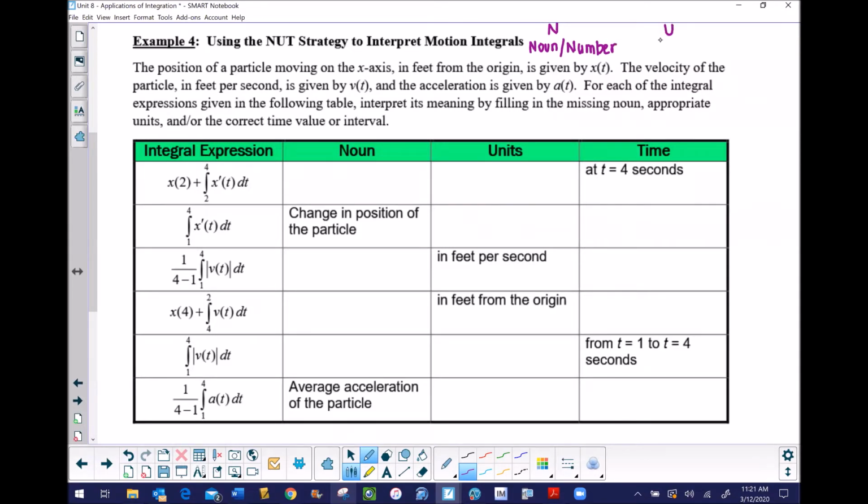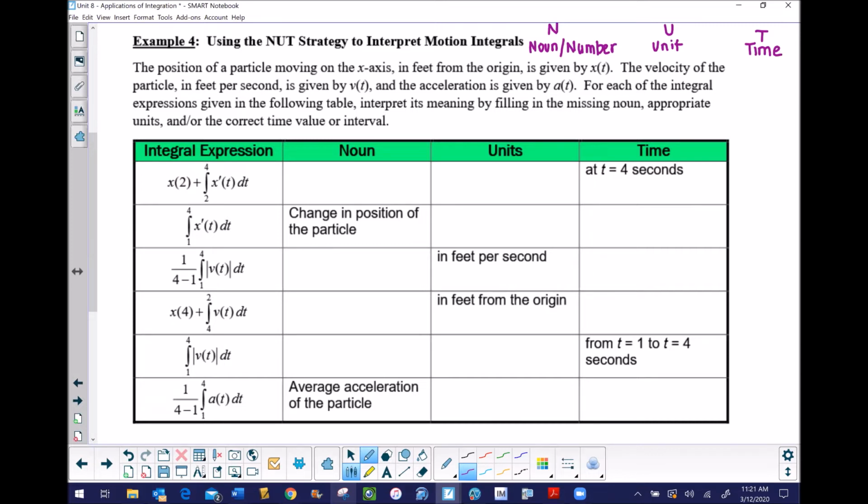The U stands for units. You always have to put your correct labels on both the number that you got and the time. And T is, as I just said a moment ago, time. And a lot of times it's the T that will force kids to not earn the point on the AP exam. So we want to make sure that we do a good job with that.